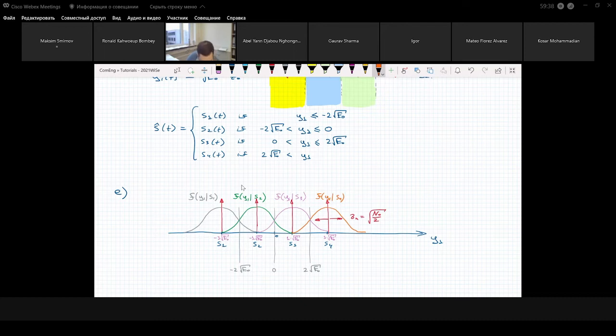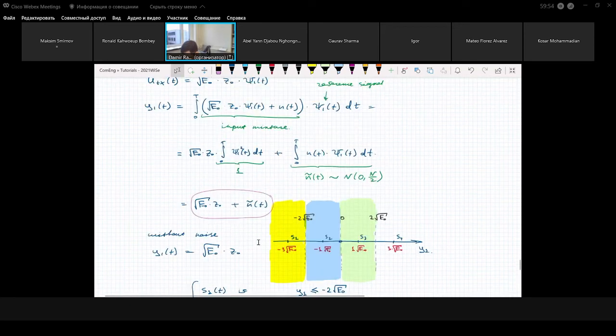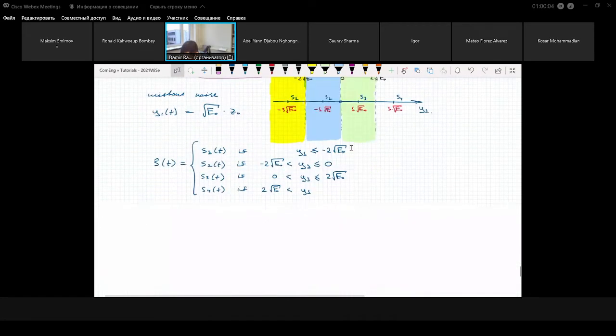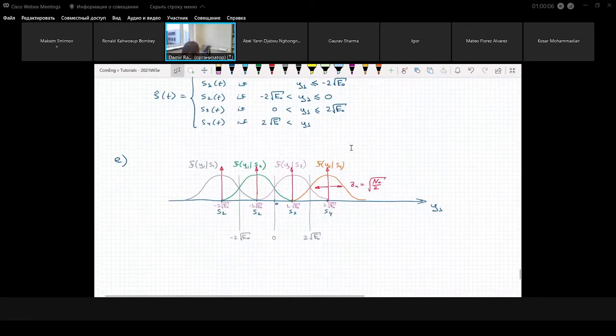Also, if you want, instead of square root of E0, you can use energy in terms of average energy per bit. You just need to go back and remember that E0 equals 2 times Eb divided by 5. And we can use this expression to replace square root of E0.